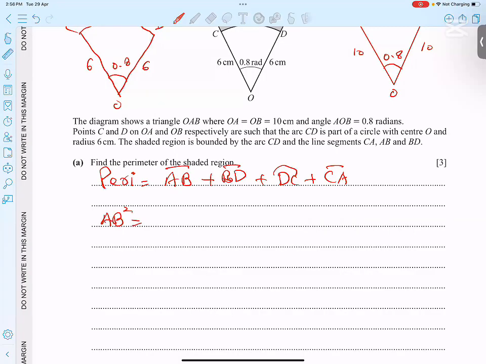AB to the power 2 is equal to 10 to the power 2 plus 10 to the power 2, minus 2 into 10 into 10 into cos of the angle between them.